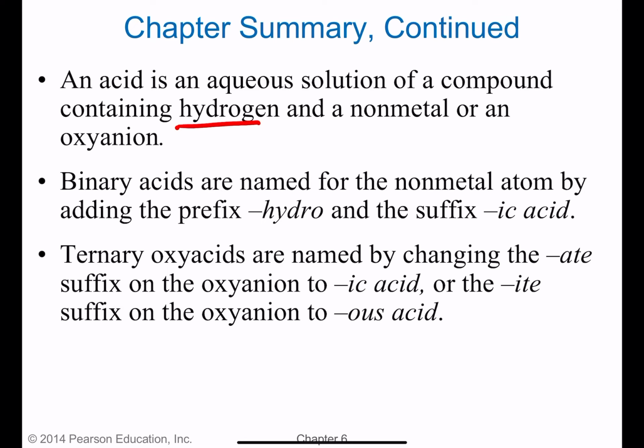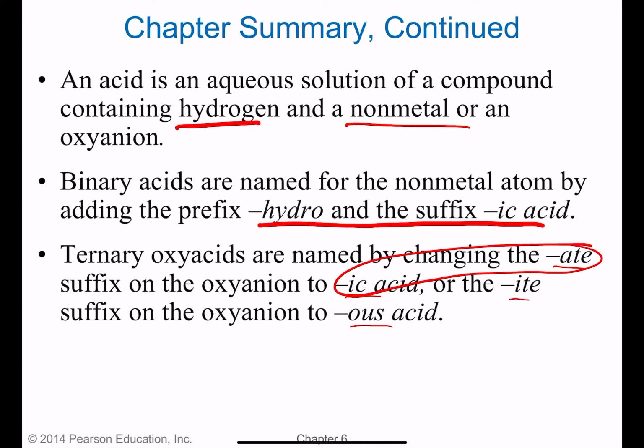The hydrogen is what makes it an acid, and then that nonmetal can be a single element like chlorine or bromine, or it can be a polyatomic ion like nitrate or chlorate, etc. If it's just a binary, then it's hydro and then ic, like hydrochloric acid, hydrobromic acid, etc. And the ternary oxyacid, we're basically just taking a polyatomic ion and coupling it with hydrogen, and then we're going to use that rule where ATE becomes ic and ITE becomes ous, and I just told you about the trick: I ate organic apples despite being poisonous. You can use that to remember this pattern.